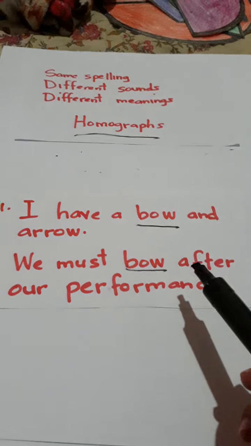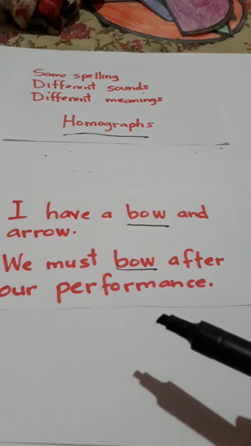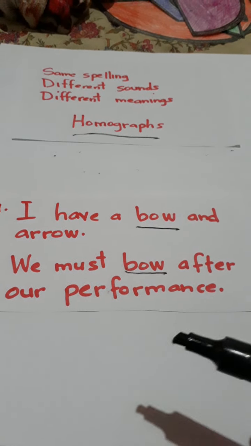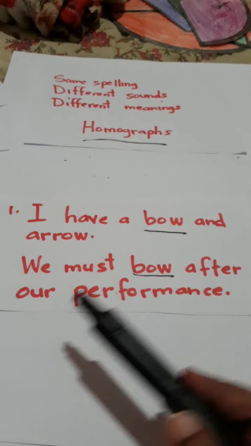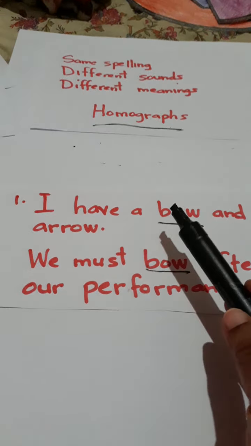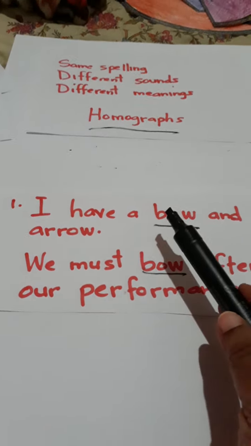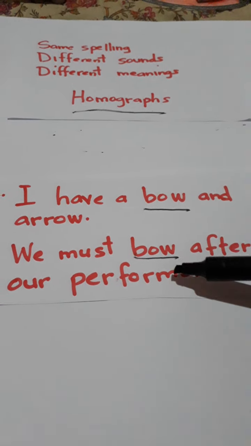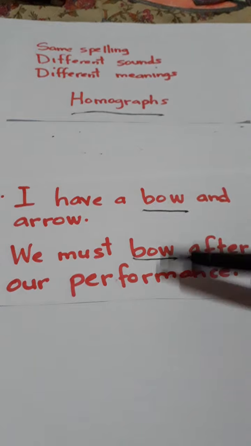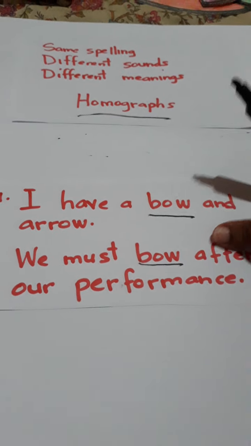So it's spelled the same, different pronunciation, different meaning. This word bow, you could also use it in a sentence like the girl has a bow in her hair. So this bow could have different meanings, but in these sentences here, they have different meanings and different sounds.